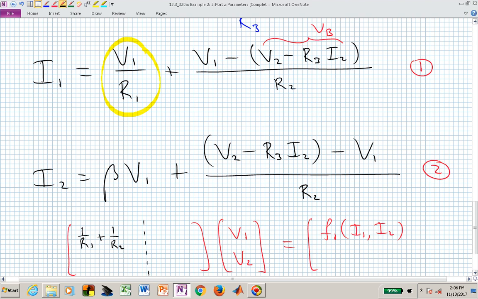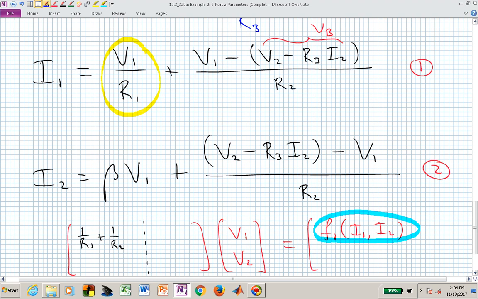And what do we have for I sub 1? Well, we just have I1, and then we also have an I sub 2 that will be subtracted once we move it to the other side, R sub 3 I sub 2. And that will be what we mean by f sub 1, a function of I1 and I2. Is that clear?